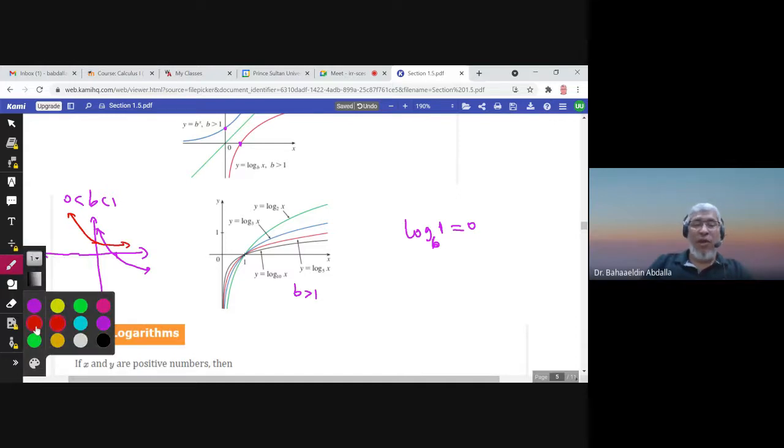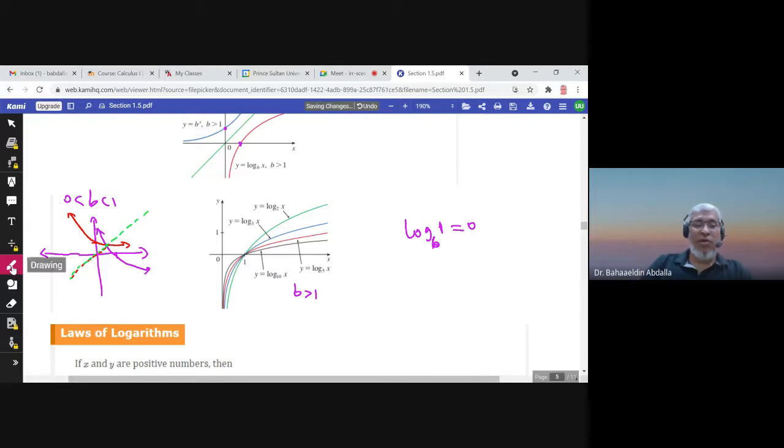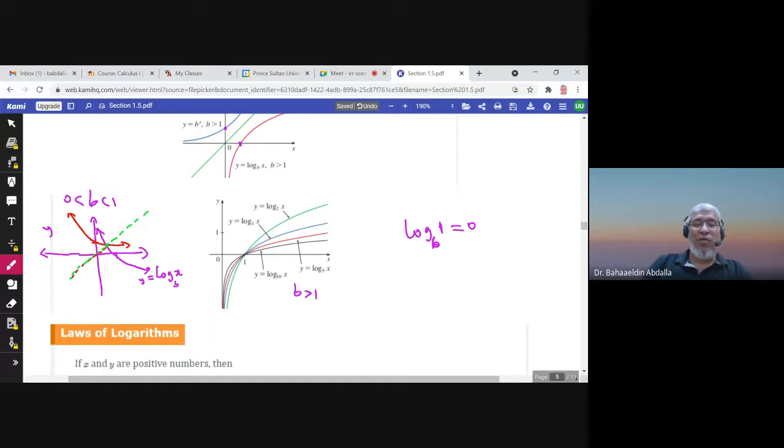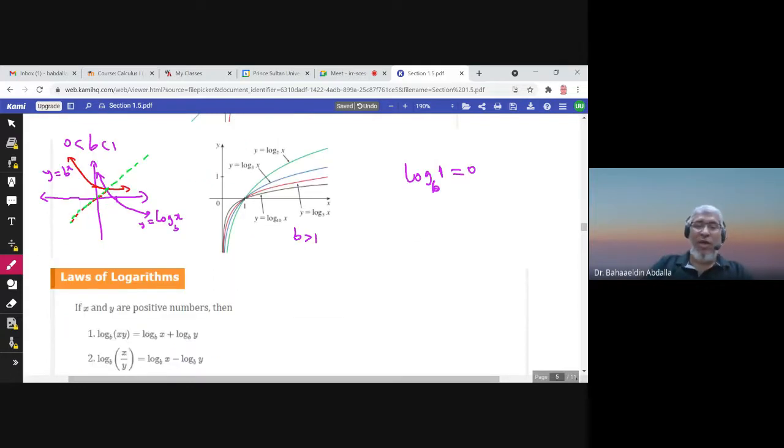If you want, you can find the graph of f inverse, the logarithmic function, which is this one. This is the graph of log x to the base b, and this is the graph of b to the power x, but b is less than 1. So you can see that the graph of log in this case is also the reflection of the graph of b to the power x about the line y equals x, the green one.